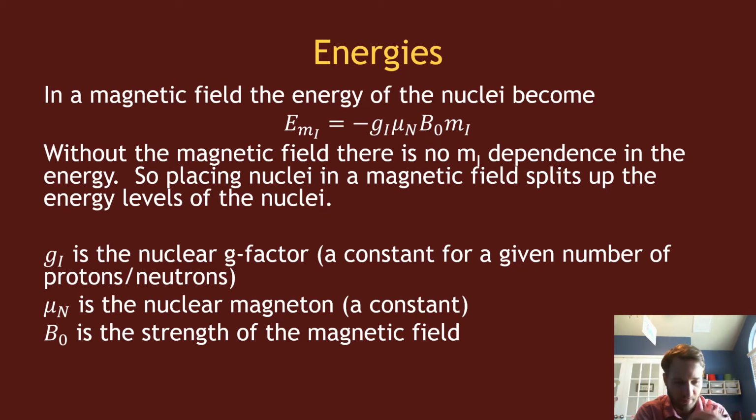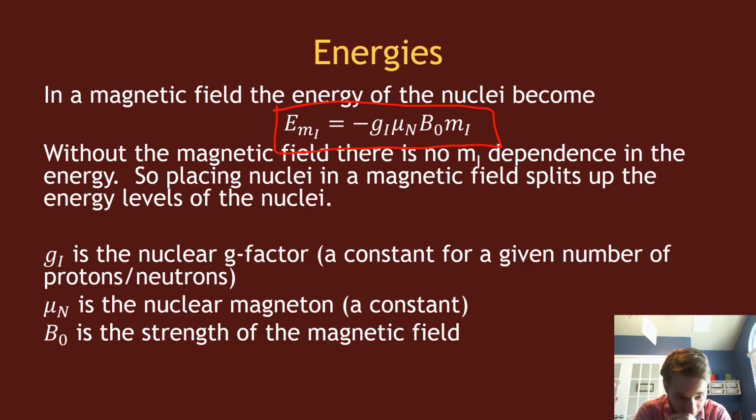So the magnetic field generated by this charge interacts with the external magnetic field, and that interaction energy is given by this equation in the middle of the slide, where g sub I is just this nuclear g-factor. It's a constant, and it depends on the nucleus.